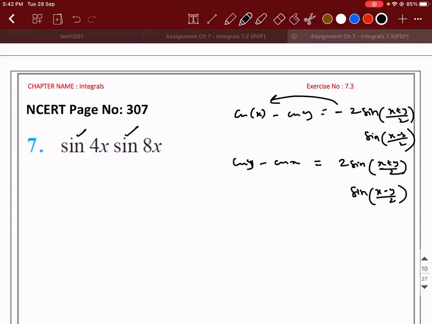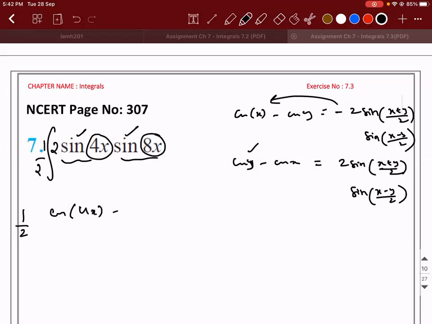Okay. Yes, sir. So integrate 1 by 2 into 2 sine 4x into cos 8x. See, generally what will happen, y will be the smaller value. So I can write it as cos 4x minus cos 12x, subtracting those two values.